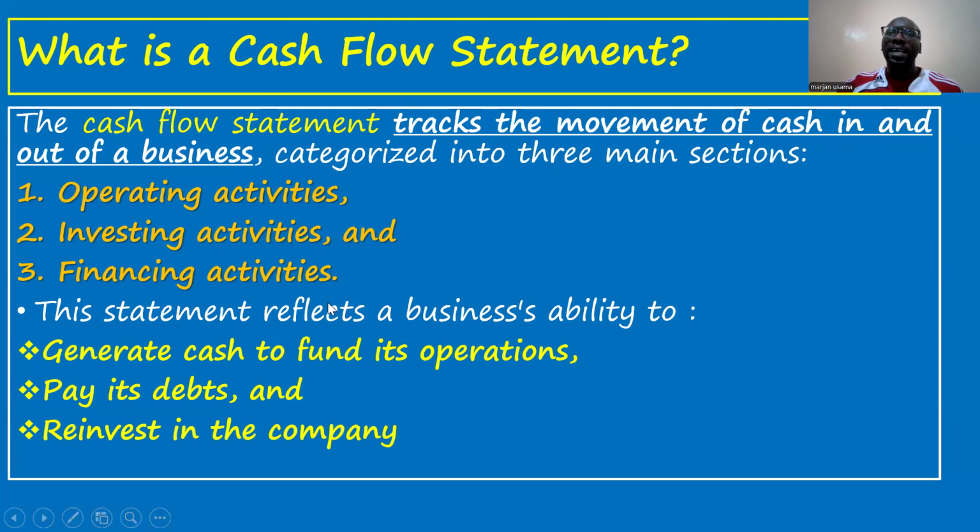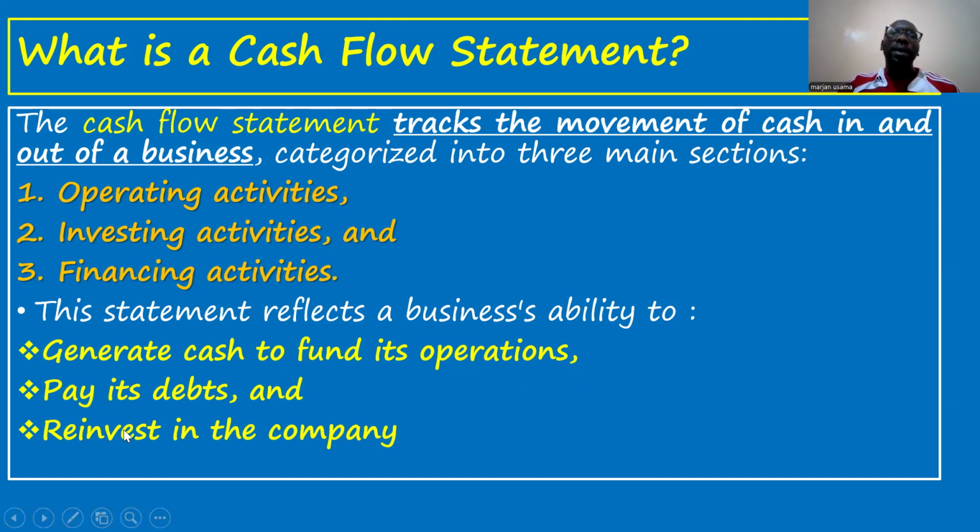This statement reflects a business's ability to do three things, as we said yesterday. Number one, the ability to generate cash to fund its operations. Remember, in a business you have a lot of operations, and these operations need some cash. The cash flow statement enables us to know if, as a business, we are in a position to run our operations.